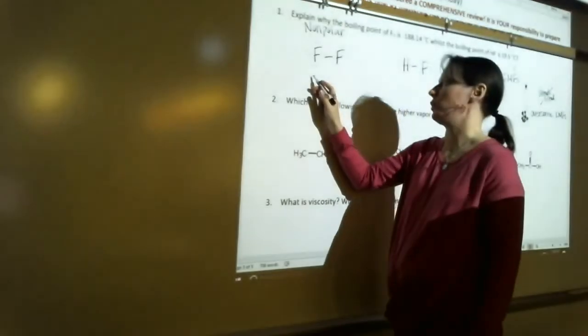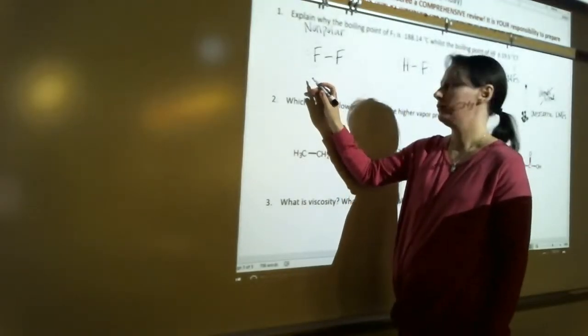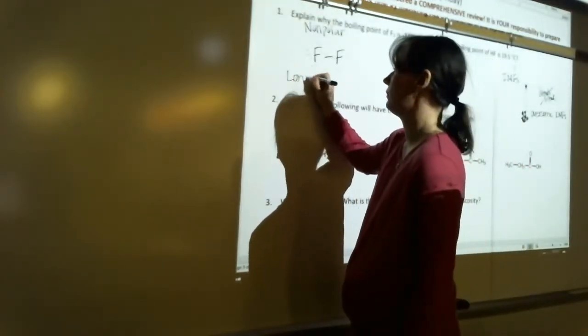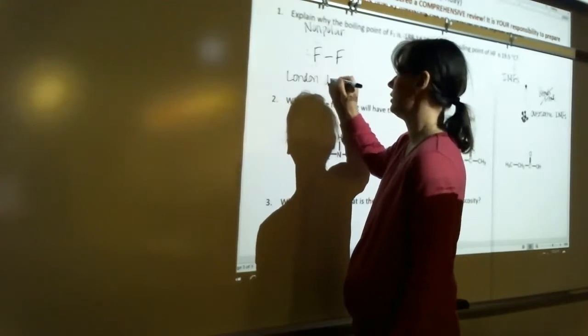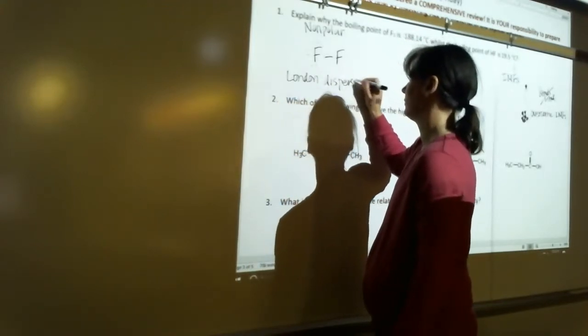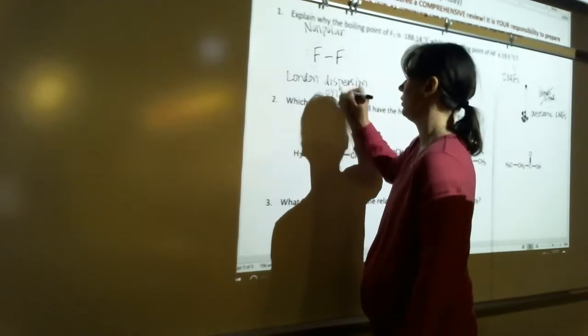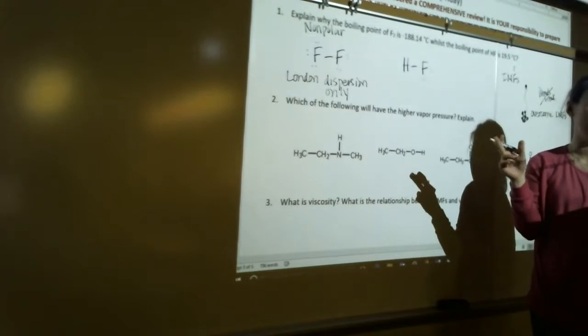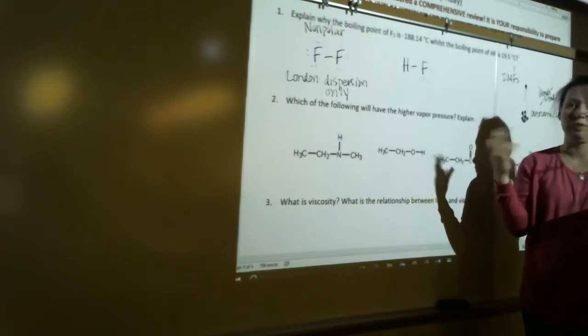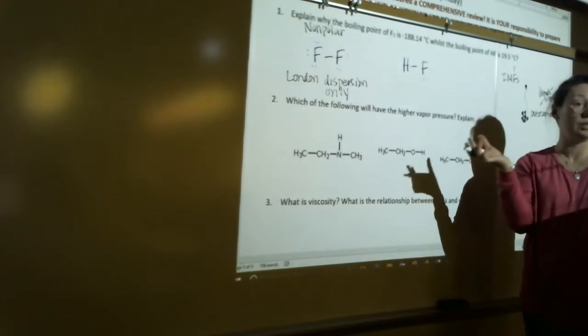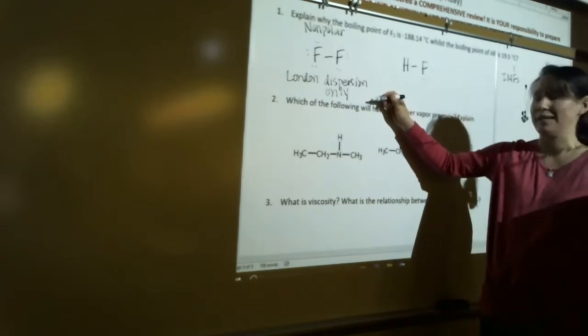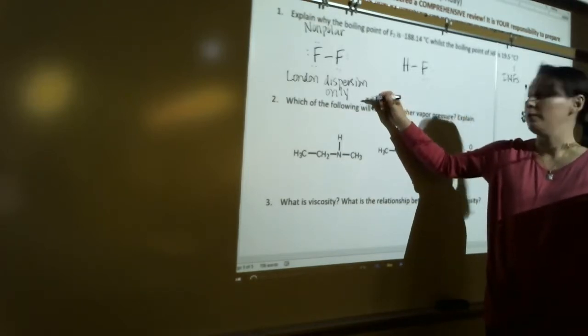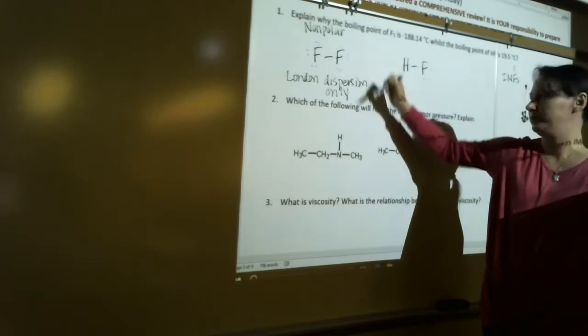So what IMFs would this have? London dispersion forces only, right? And is that a big molecule? Are we talking about a 30 carbon chain here or a 50 carbon chain? No, this is a very small molecule. So are those going to be strong or weak? They're going to be weak, right? Because that's a small molecule.